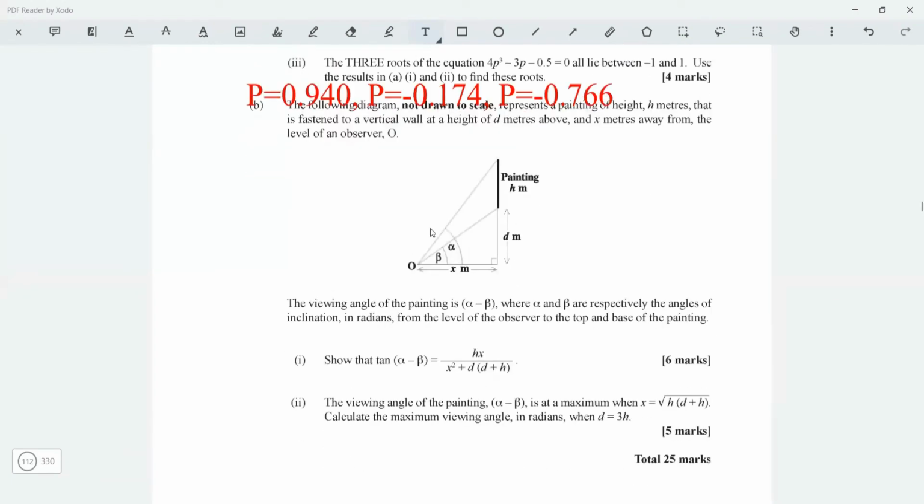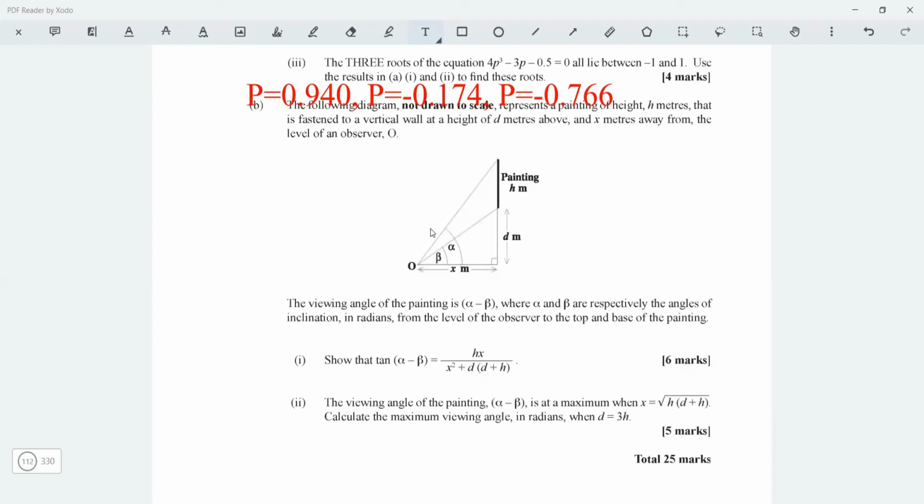All right. So now, this question here is a nice little trigonometry. It says the following diagram is not drawn to scale and it represents a painting of height h that is fastened to a vertical wall at a height of d meters above, x meters away from the level of an observer, and they tell us that the viewing angle of the painting is alpha minus beta, where alpha and beta are the angles of inclination from the level of the observer.